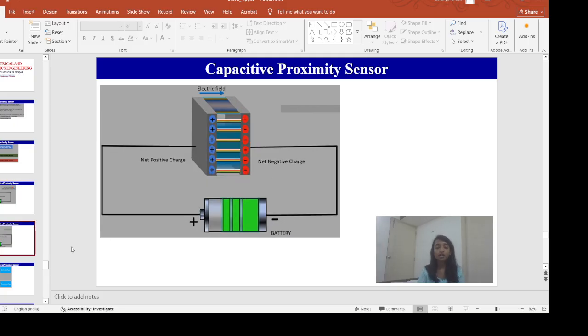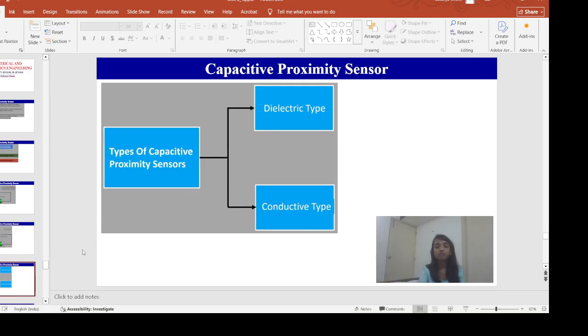So after some time, the right side of this capacitor will be negatively charged, and the left side plate will be positively charged. What will be the direction of the electric field? From positive to negative. So this is a very simple concept.